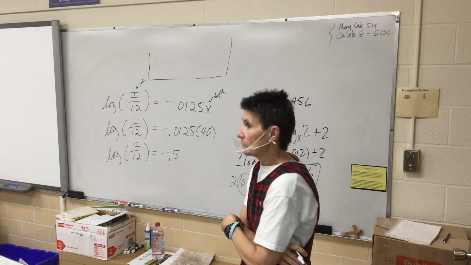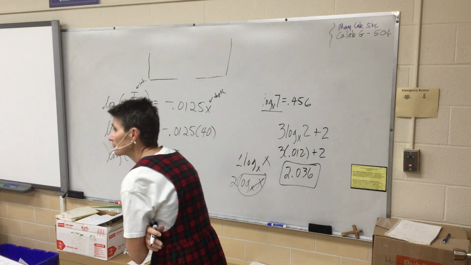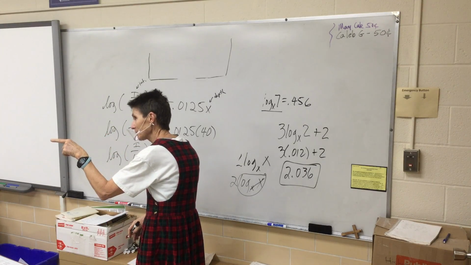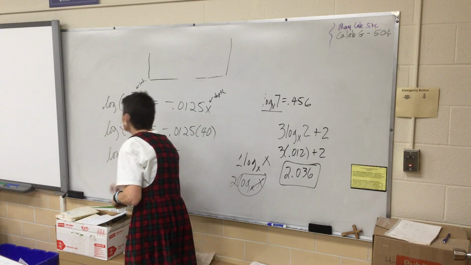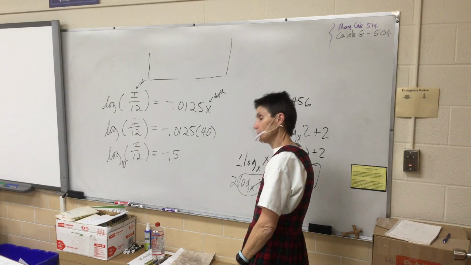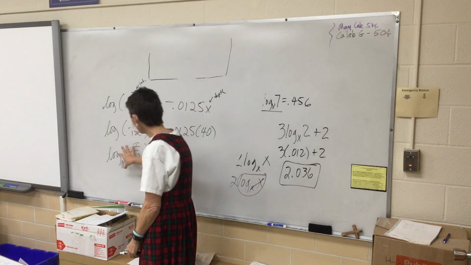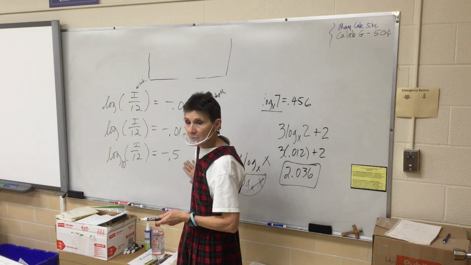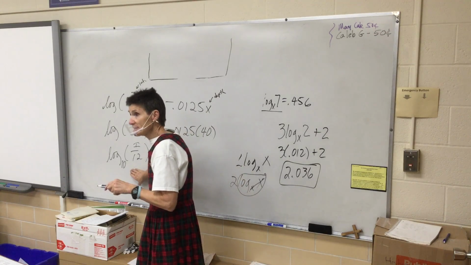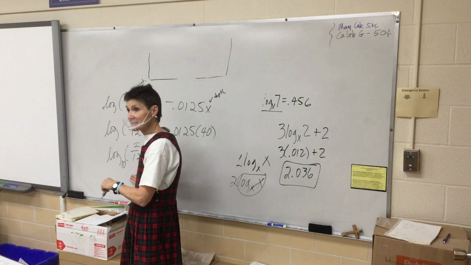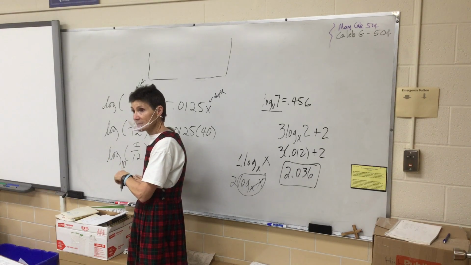Go ahead. I was going to say the log is the base 10, put that on the other side. Negative 0.5. Beautiful, beautiful. When you have the logarithm equal to a number, you're going to loop-de-loop. We didn't have a base, but he remembers that log always means base 10. If there's not another number there, it's 10.